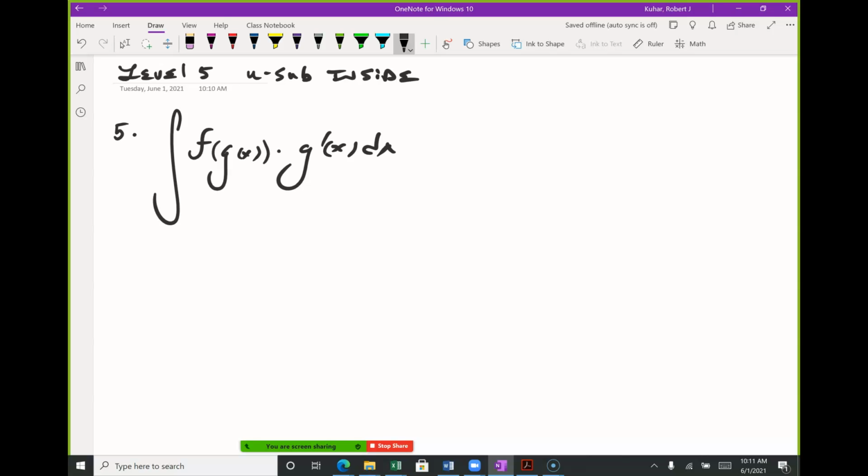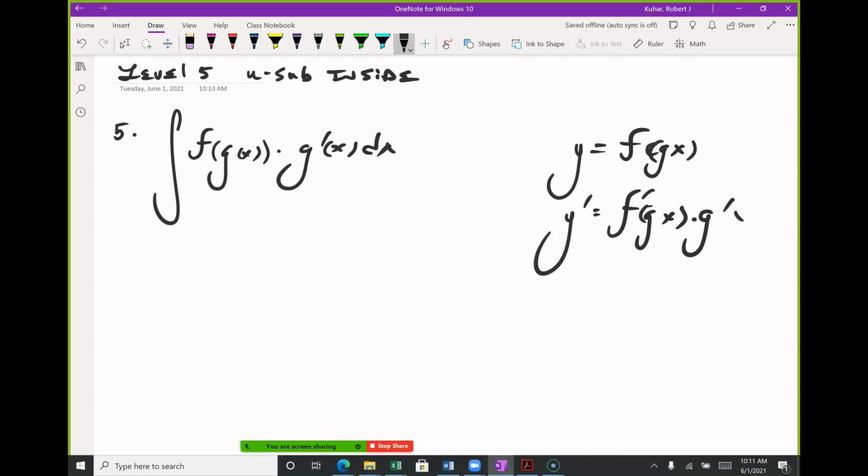If you remember our chain rule, y equals f of g of x gives me y prime equals f prime of g of x times g prime of x. And so I'm saying this function here that I'm drawing, you're not going to see a derivative mark on it. But you're going to see a function with an inside function. And then hopefully that inside function, you see the derivative of that outside. Right? This is the chain rule, right?